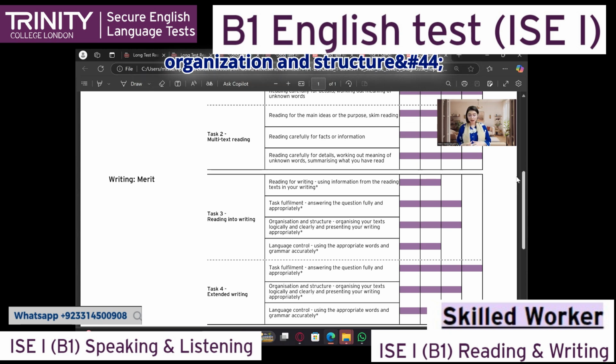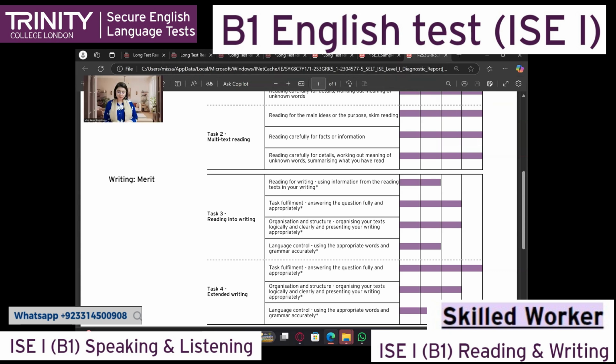Then they say organization and structure, organizing your texts logically and clearly. Now, this means the way I'm going to teach you, firstly, secondly, thirdly. You need to trust me on that and you need to work with that, right? And I'm sure this is really going to help you.